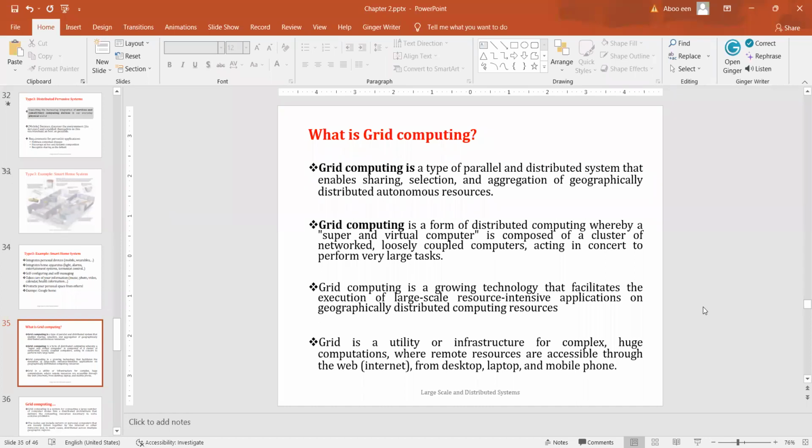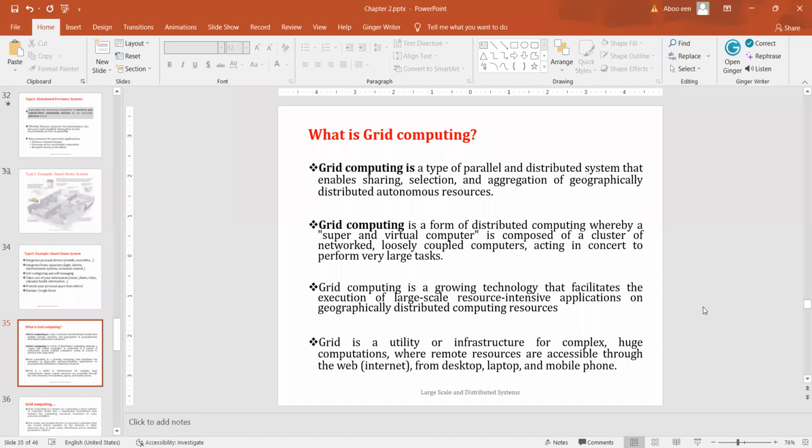Grid is a utility or infrastructure for complex, huge computations where remote resources are accessible through the internet from desktops, laptops, and mobile phones.